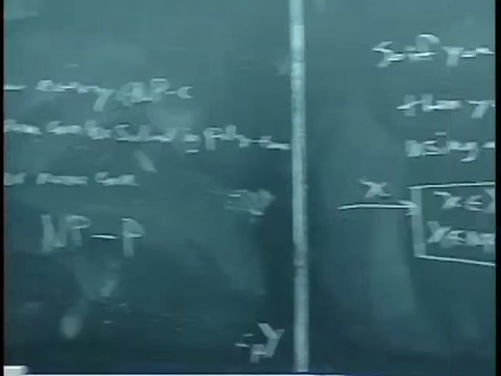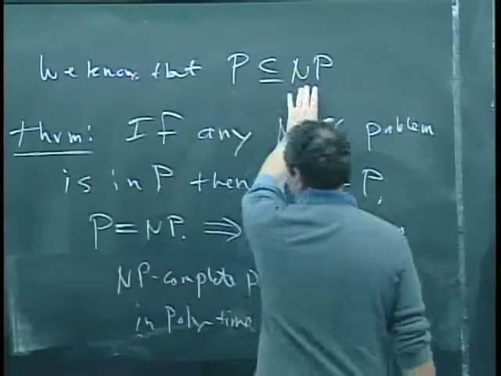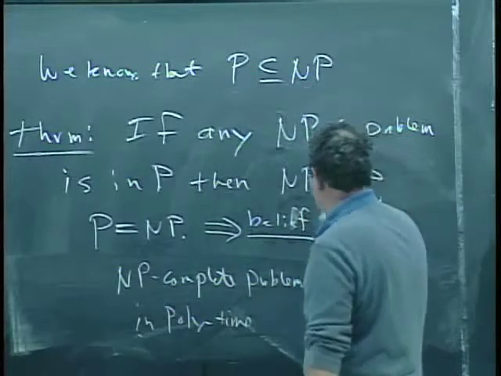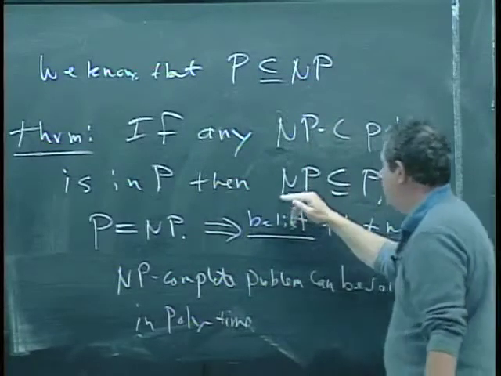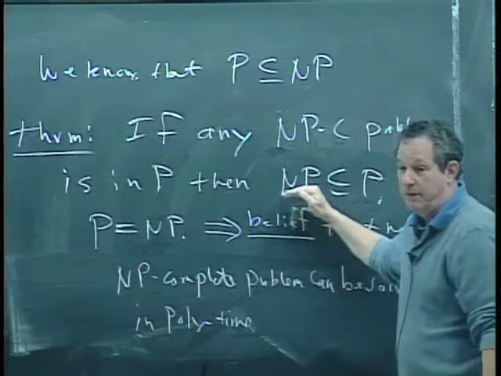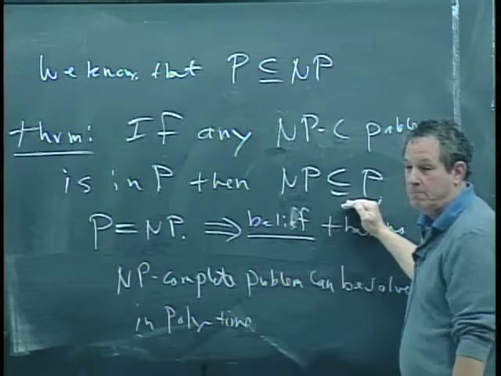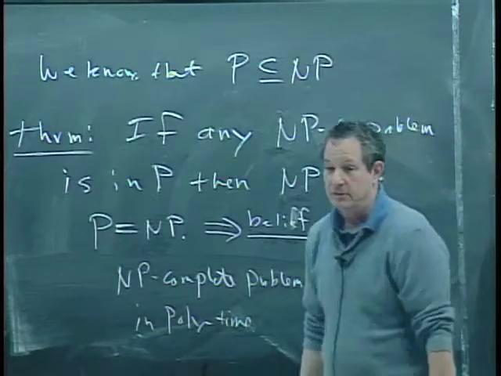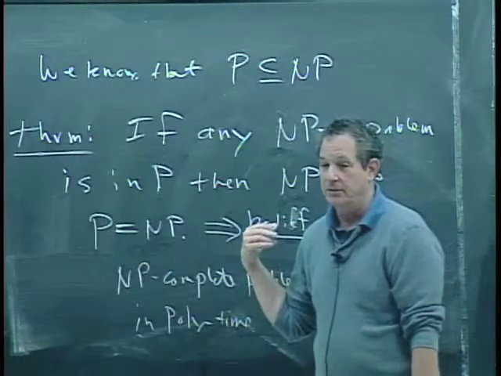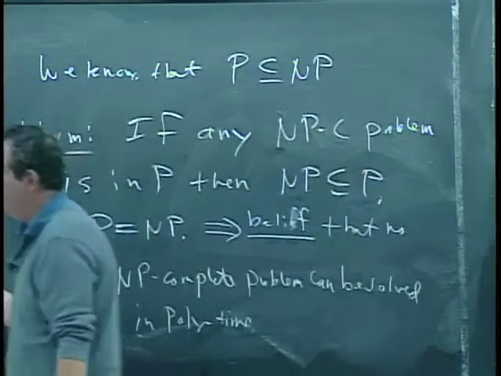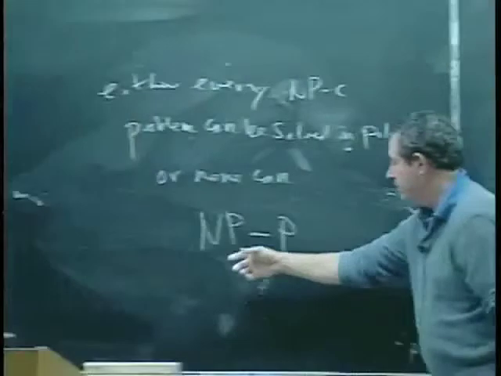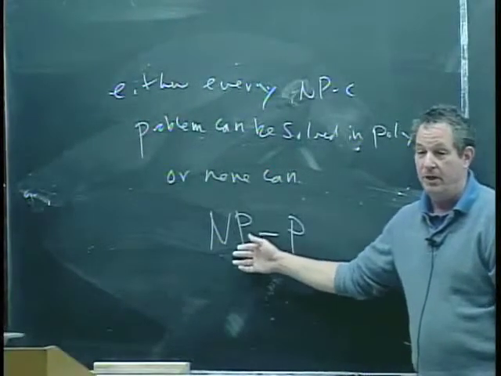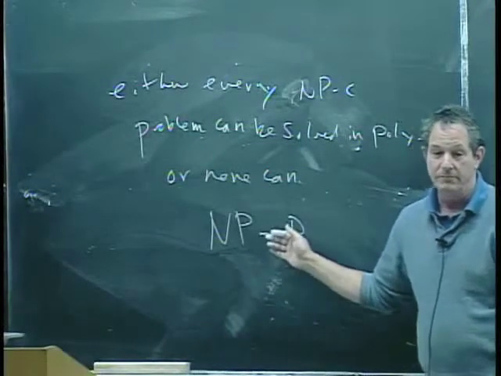Here we have P is contained in NP. And we have this whole business that would tell you something about when NP would be contained in P, but we don't know whether P is equal to NP or not. We have all these implications. So we don't know a problem, a language, which is in NP but not in P. If we knew that, then we would know that P is not equal to NP, right?